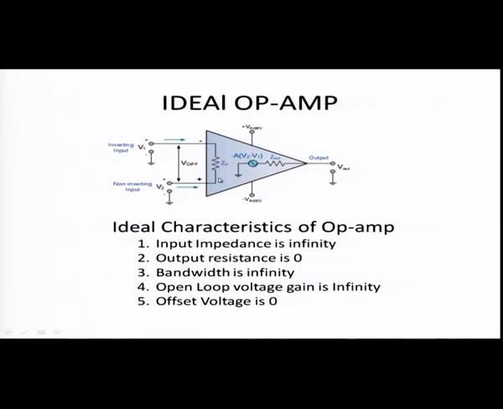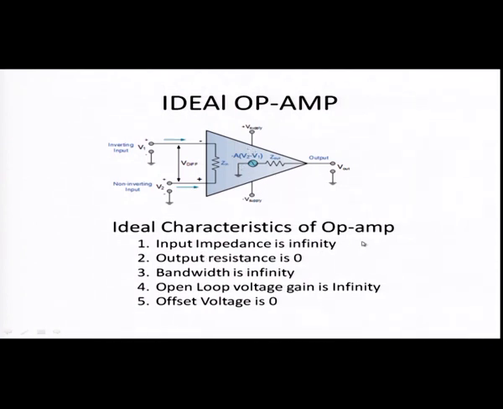Internally it has an input resistor, designated as Zin, and here this is the voltage source A(V2 minus V1), the voltage gain, and the output resistor Zout is connected in series, from which you can take the output of the operational amplifier. Here the positive and negative supply voltages are given. This is the ideal operational amplifier circuit.